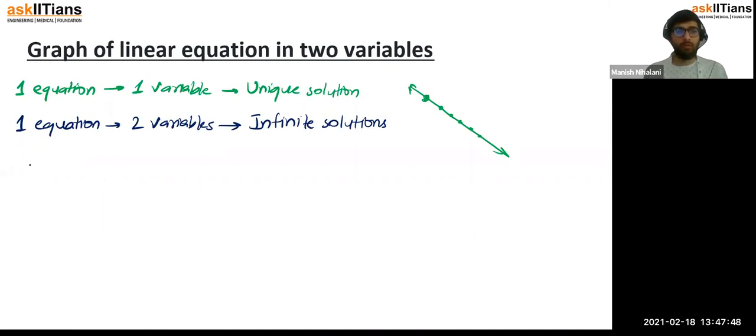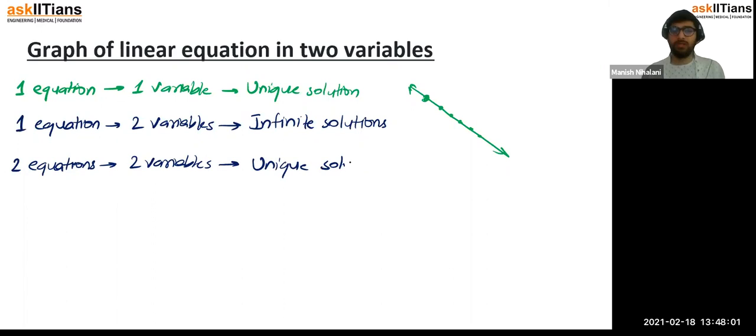But when you have two equations and two variables, then you again get a unique solution, because as many variables as there are equations, we can get the values of the variables which will satisfy those equations. So what do we mean by this? This green line, if we add another blue line, meaning you have one equation of this.